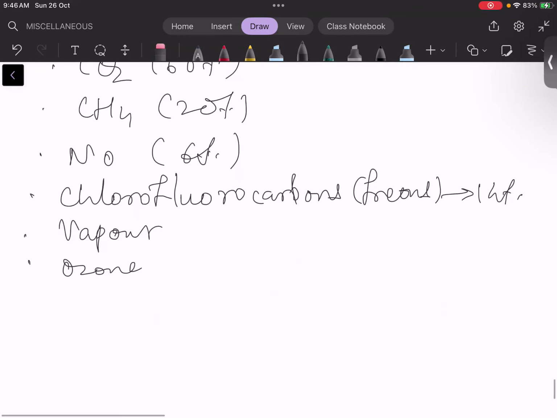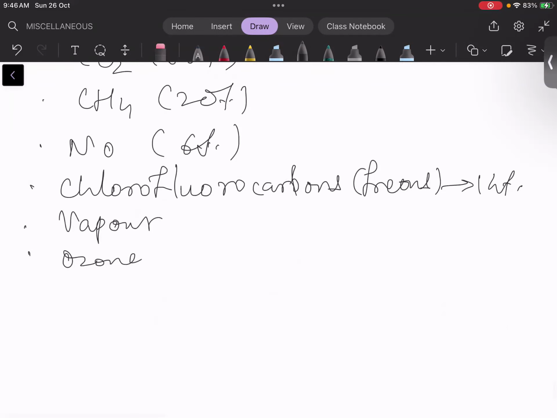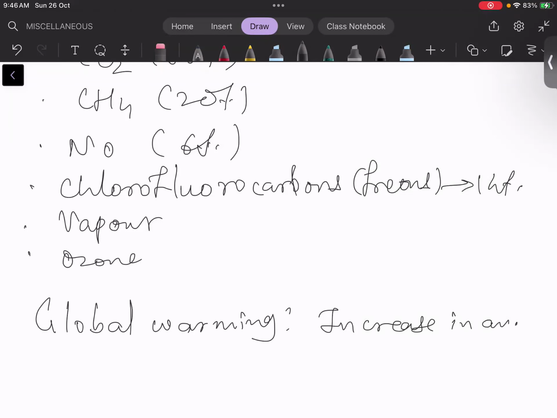Is there any doubt? Next, the greenhouse effect is responsible for creating global warming. What is global warming? Increase in average temperature of Earth's surface. That is called global warming.